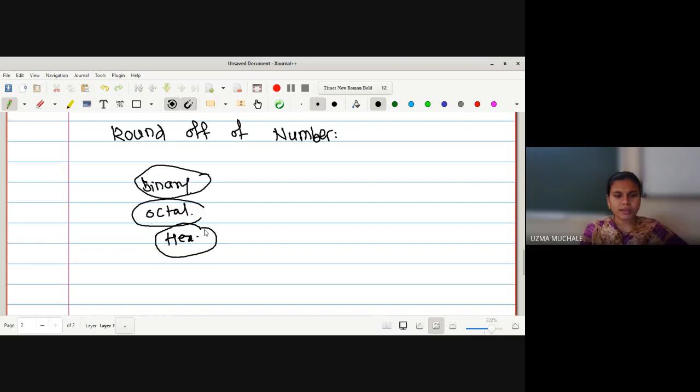Have you studied these number systems? At least the binary number system everyone remembers, 0, 1 form. Suppose I want to write down the number 100, 1000, or suppose I want to write down a number 98. It is a very big number in the binary, octal or hexadecimal number system. So every time whenever you write down any digit, it is stored in the form of a very large number, right?